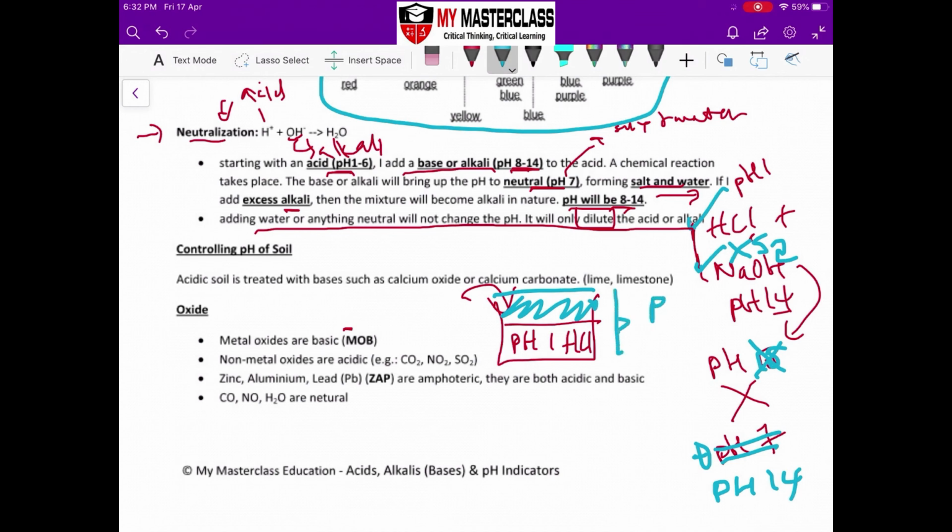The pH will still be 1, because the water, which is pH 7, is not 7 plus 1 becoming 8. Water, which is pH 7, is a neutral liquid. It doesn't react with the HCl. It will only dilute the acid, meaning making it less sour or less corrosive. But the whole beaker will still be HCl.